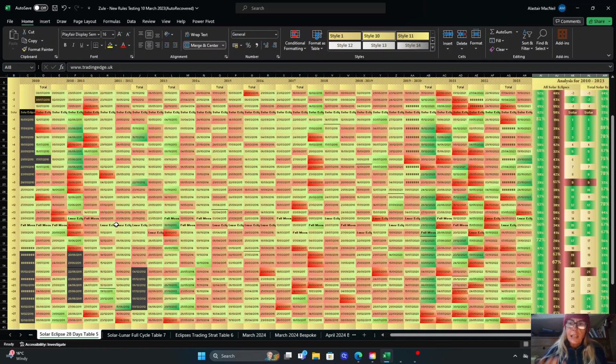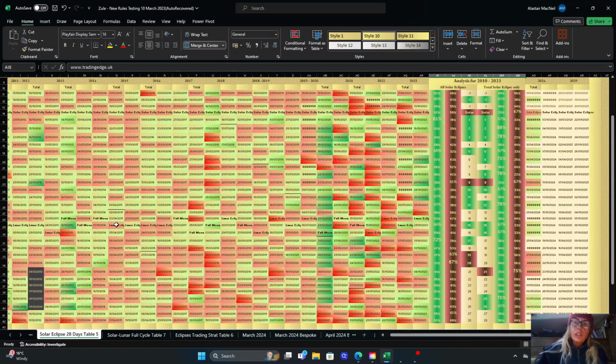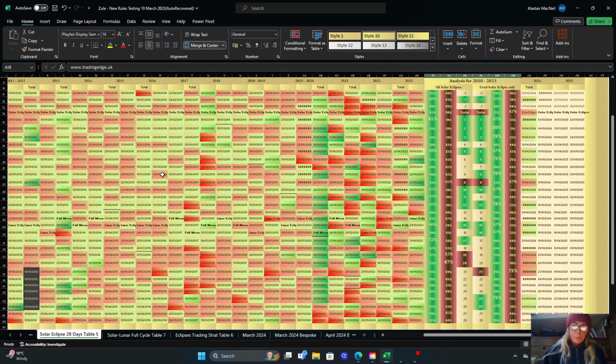So that is the assumption of this metric, that the lunar eclipse is equal to the solar eclipse. And I count 3 days before the solar eclipse. I back tested those, and then the solar eclipse day, and then 3 days after. So that's metric number 1.